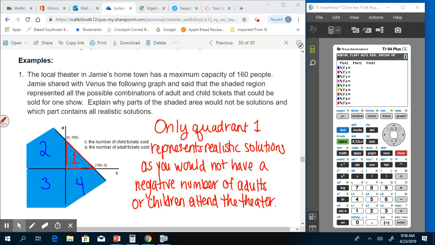So most of the time when you're asked to graph an inequality for a real world problem, you're only given the first quadrant.